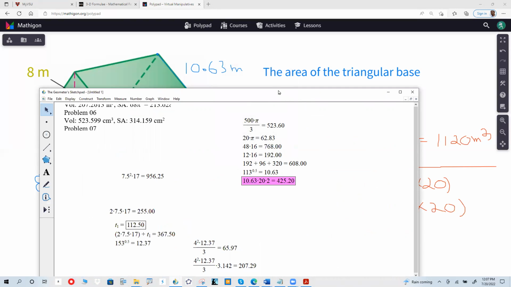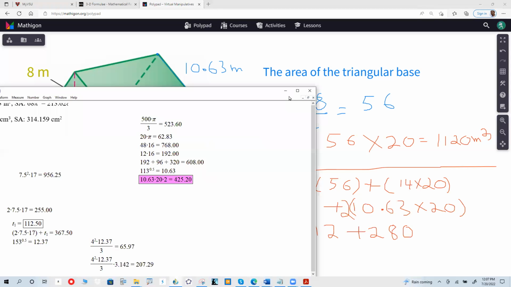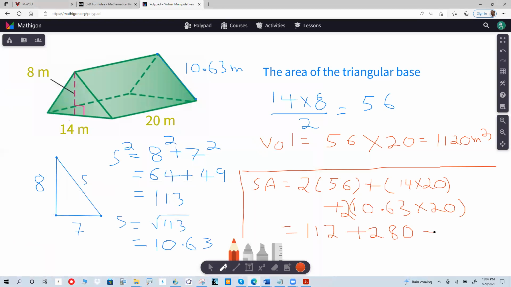I'm double checking, 10.63 times 20 times 2, 425.2. And to find the final answer, I add them all up.